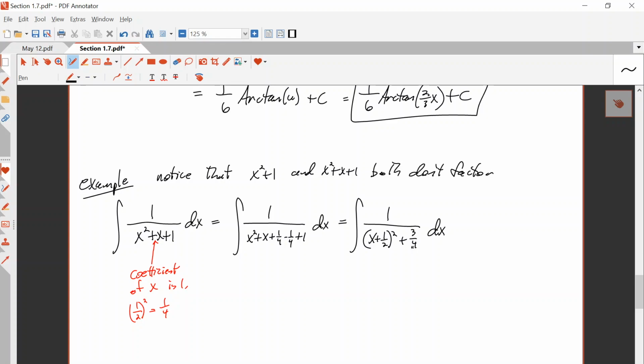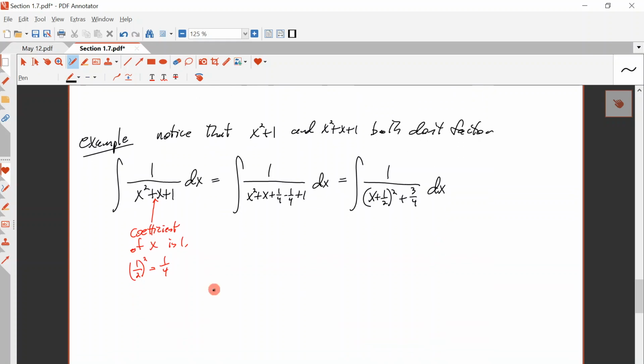So we can factor out the 3/4. 1 plus, so this becomes 4/3 x plus a half quantity squared dx.